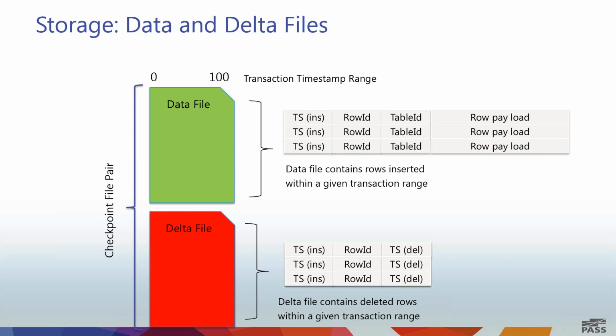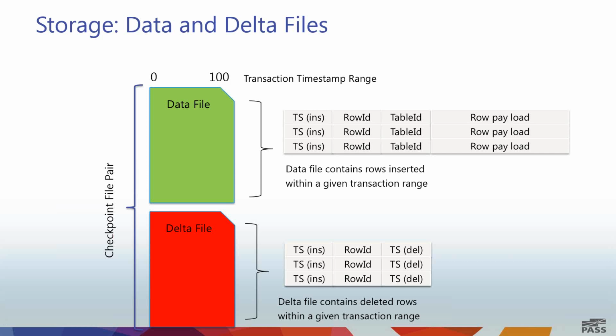As you can see, the row format here is different from the row format in memory. The row payload is always the same, but the row header is different. Whenever we run recovery, we recreate the rows in memory with new begin timestamps and everything, but with the same payload as in the data file. Then we have the delta file, which just has references to the rows in the data file.